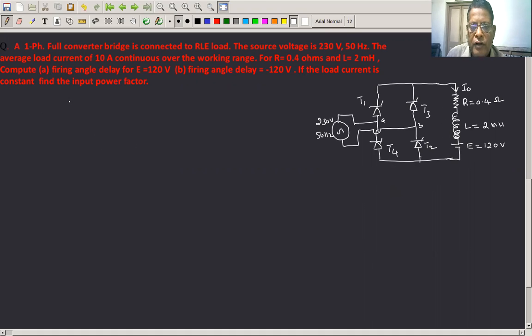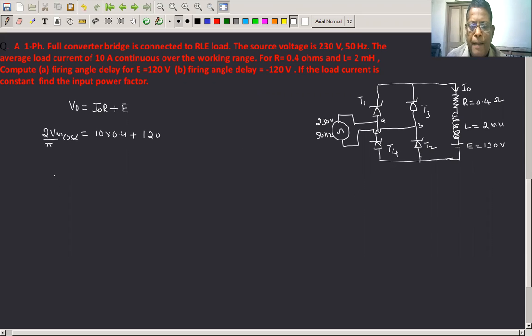So V naught equal to I naught into R plus E. This is equal to 10 into 0.4 plus, initially we have taken E equal to 120 volts. So this is 120. Already we know the value of Vm, that is 2 Vm by pi cos alpha.